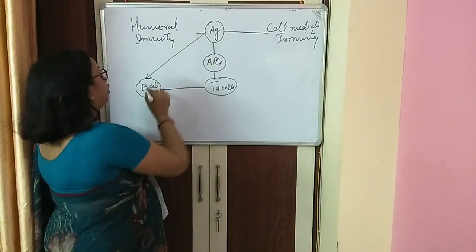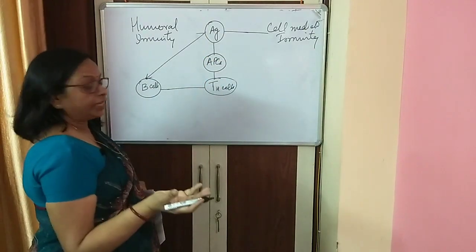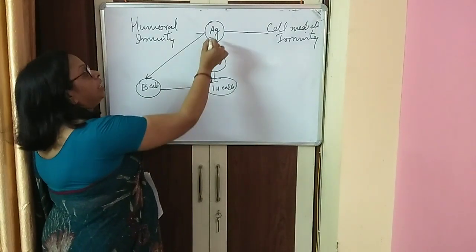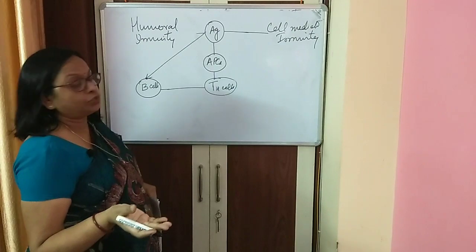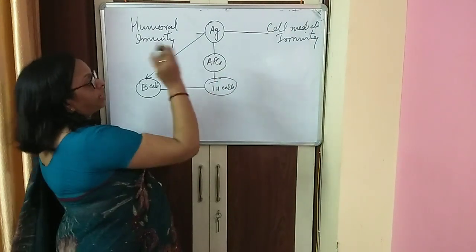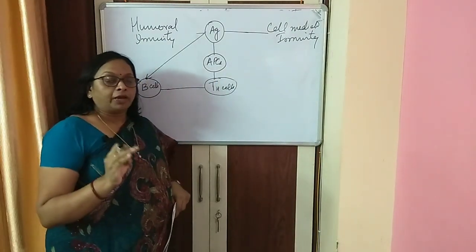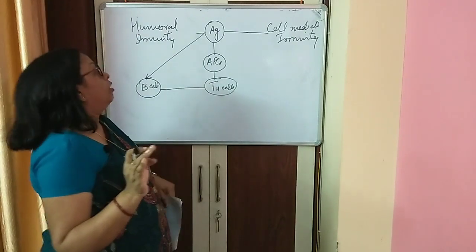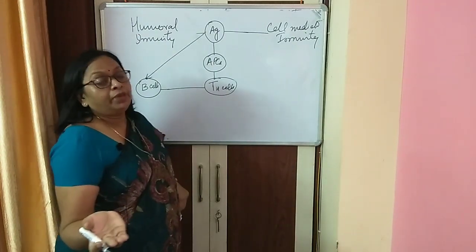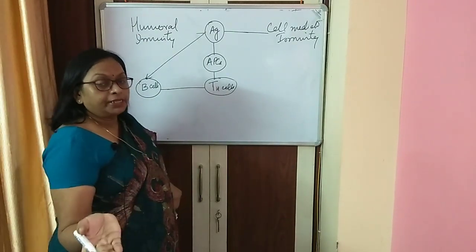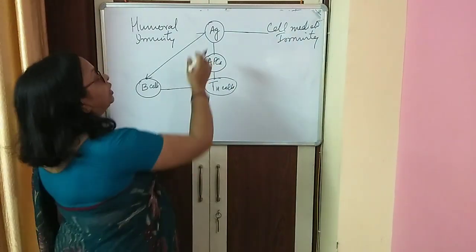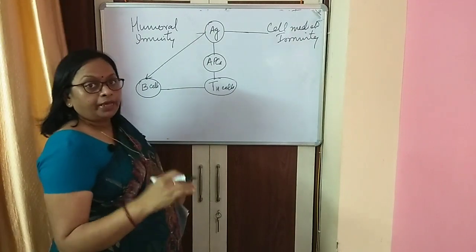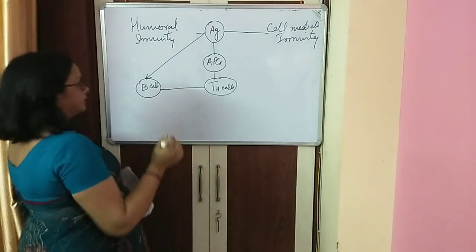Or if it is not directly taken up by the B cells, then it might be taken by the antigen presenting cells, maybe in the tissue sites, because two other types of antigen presenting cells, macrophages and dendritic cells, or sometimes B lymphocytes, are present in the lymph nodes or secondary lymphoid organs. There also antigen can be taken by different types of antigen presenting cells.